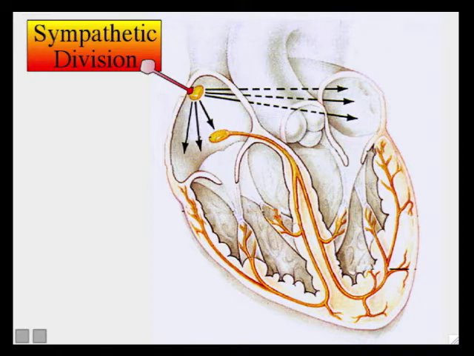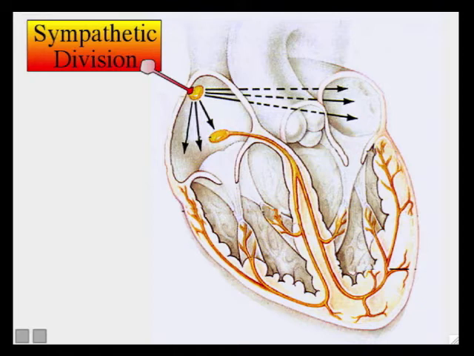If you remember the chapter on the nervous system, there was a part of the nervous system called the autonomic nervous system. And you might remember those are motor neurons that send signals to control involuntary muscles like smooth muscle and cardiac muscle. So there's a part of the autonomic nervous system that synapses with, that's connected to the SA node, and that part of the autonomic nervous system is called the sympathetic division.